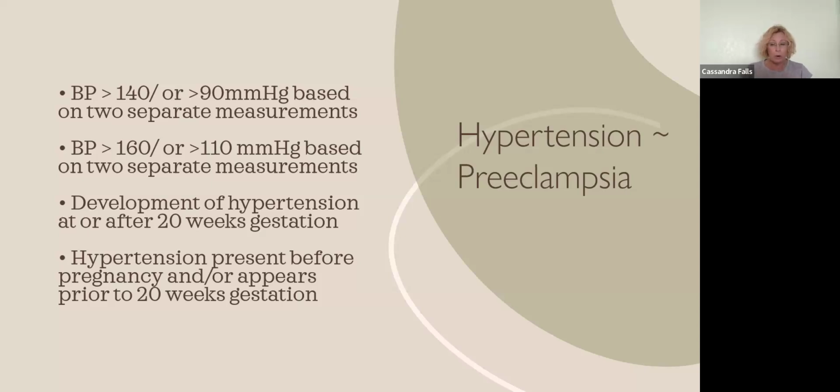We really don't know what causes preeclampsia. If we did, we might be able to stop it before it starts. There are some theories. We know that it probably is stimulated by something going on in the placenta, because the blood vessels are affected.